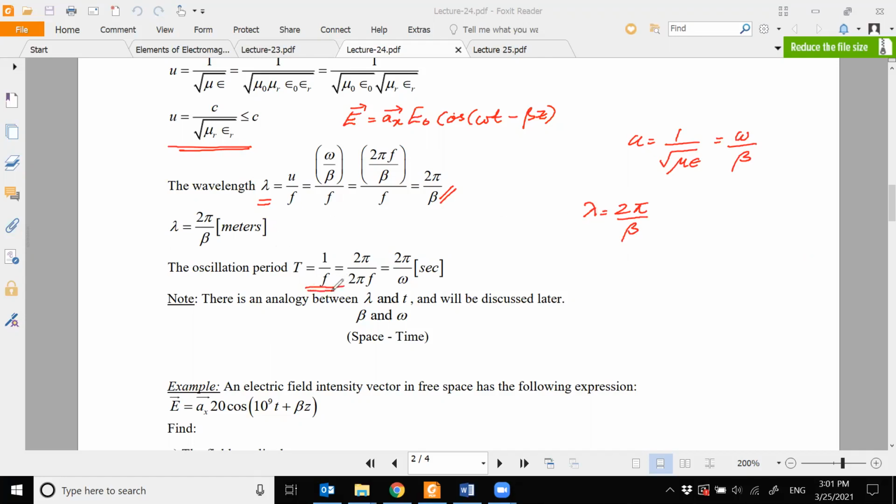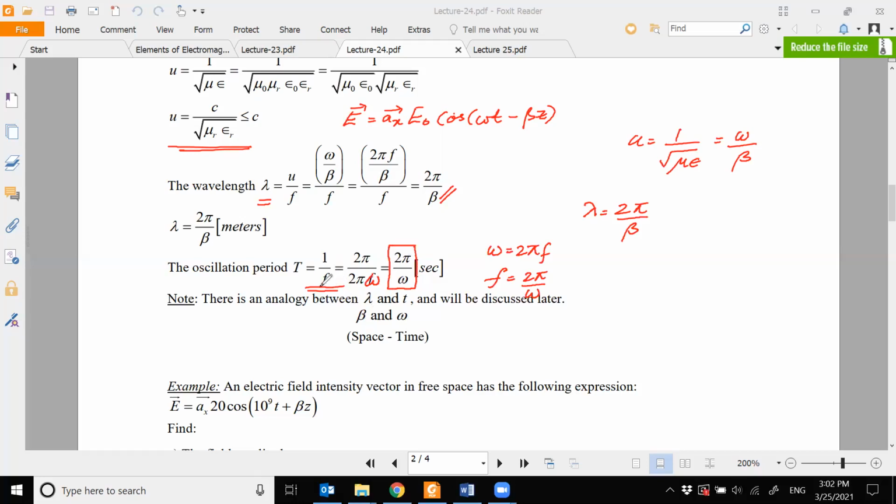Now, the time period, I have already told, T is 1 over f. And omega is 2 pi f, right? So f is omega over 2 pi. Sorry, there is a mistake here, so just neglect this part.